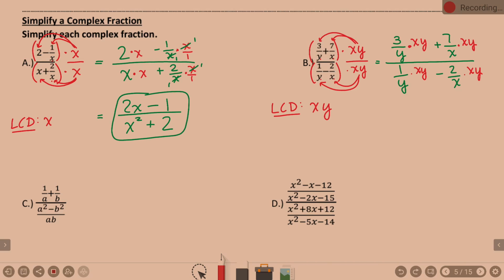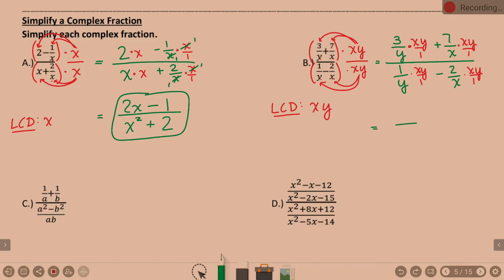Now, because we're multiplying xy by a fraction, how do we make xy a fraction? Xy over 1, yes? So all of these can just be thought of as xy over 1. Okay.